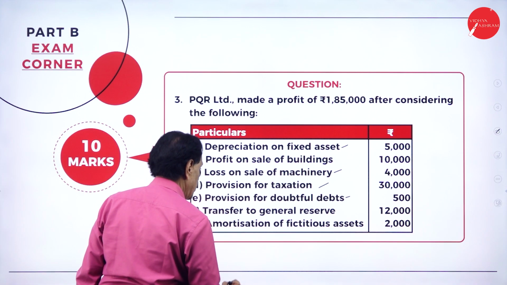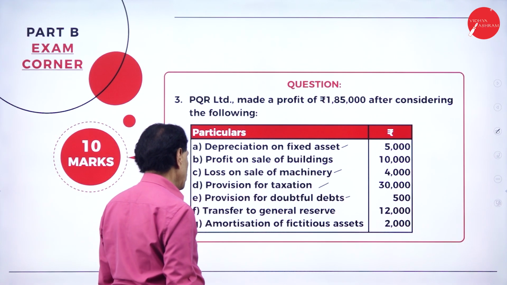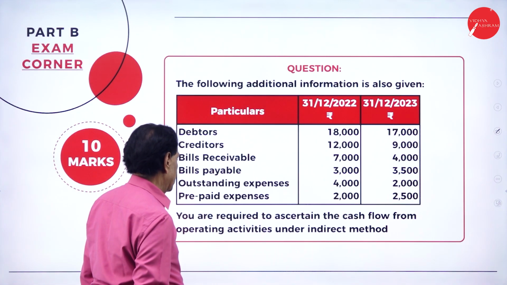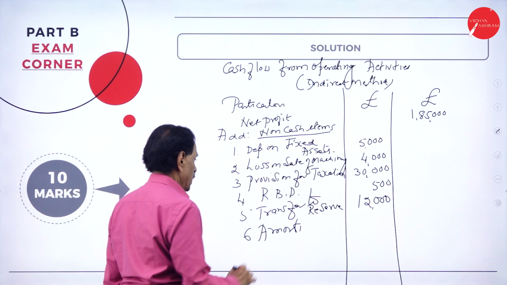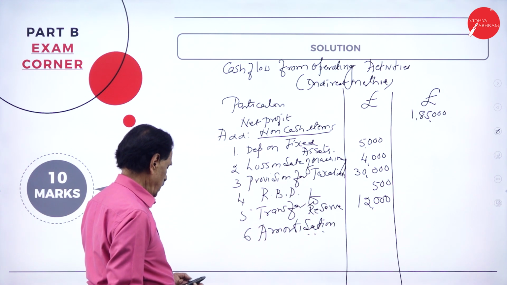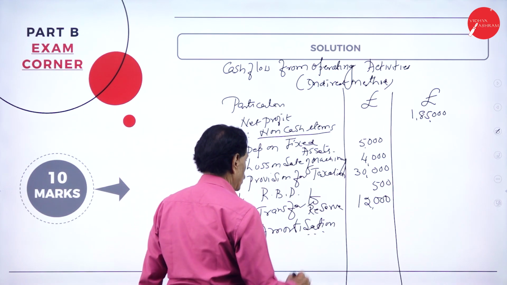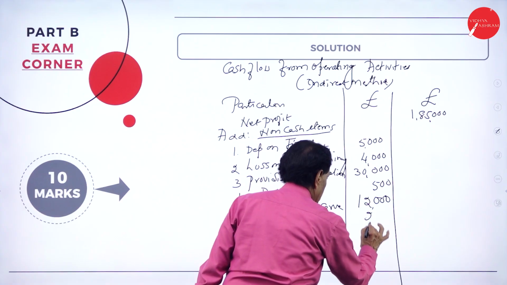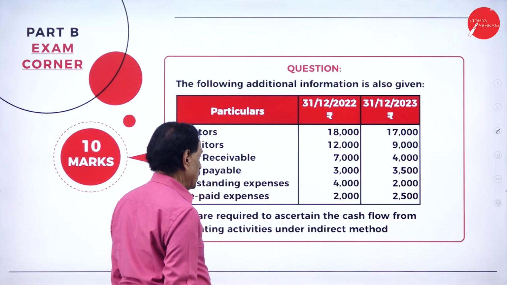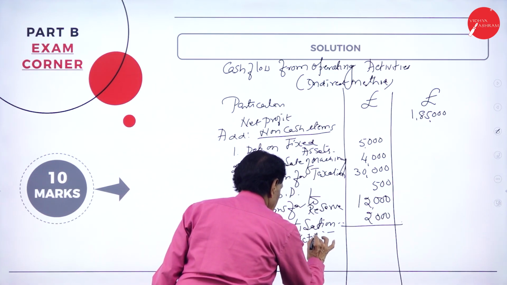Sixth one, amortization of fictitious assets, 2,000.